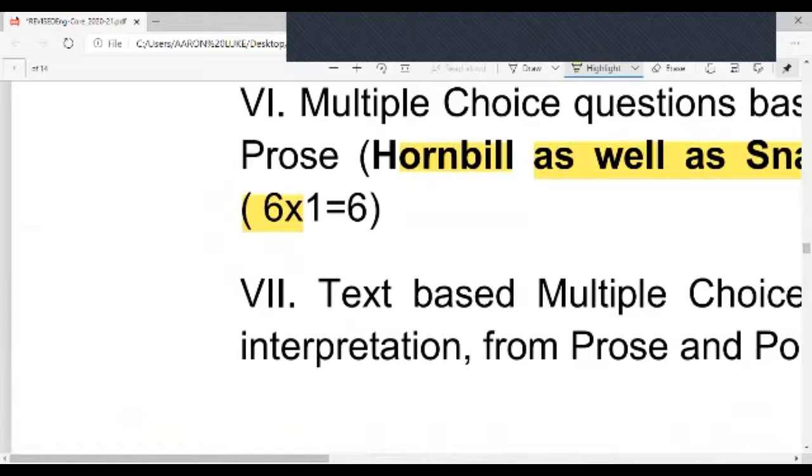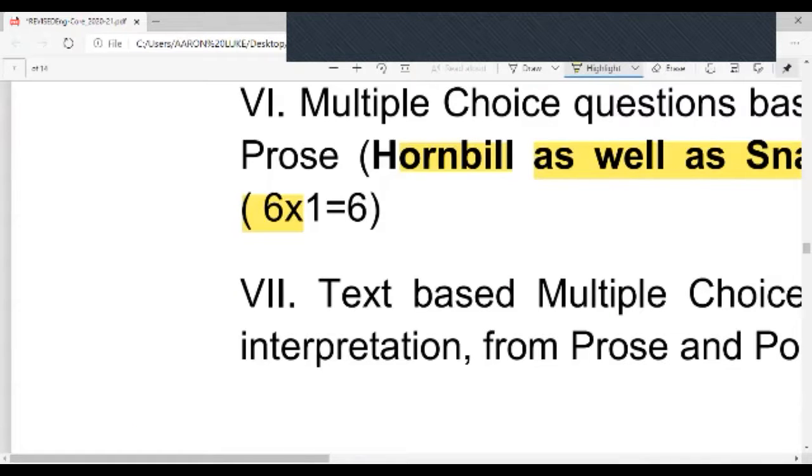It may be: who is the speaker, why did the speaker say so, the speaker of this particular line is dash. The narrator, Susan, or any other 4 character names can be given there. See, when you hear that it is MCQ, don't think that it is very easy.